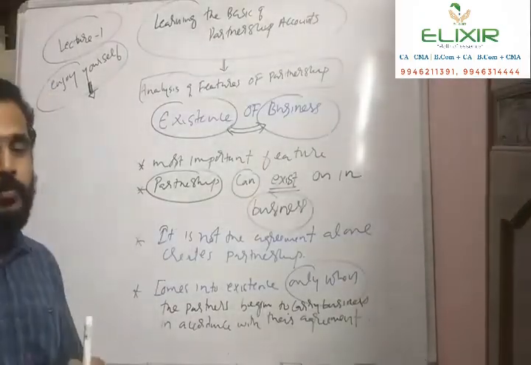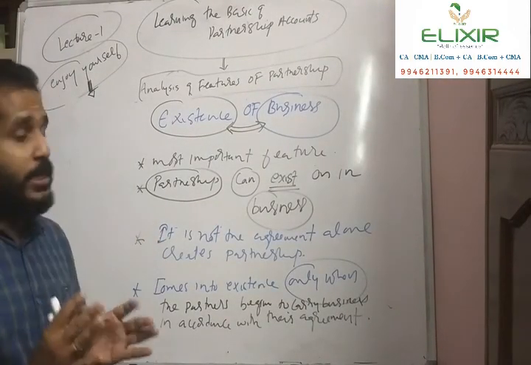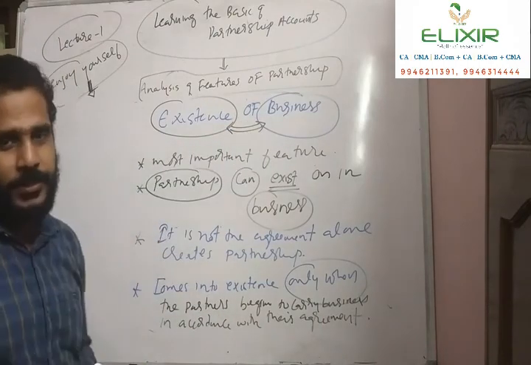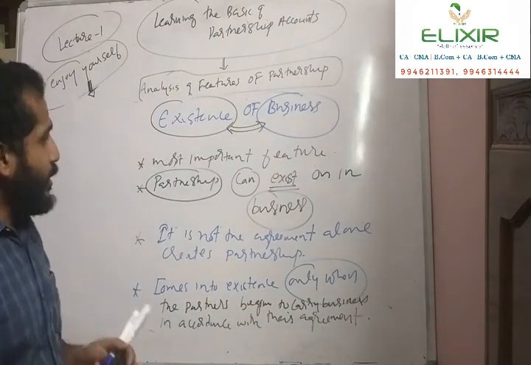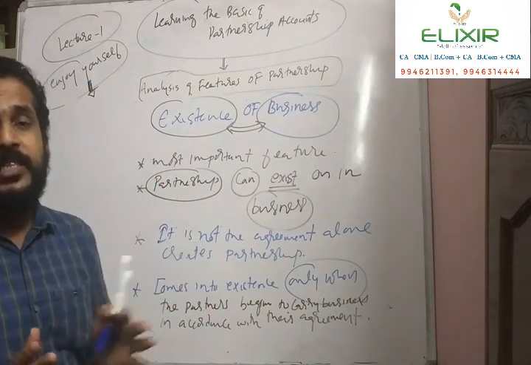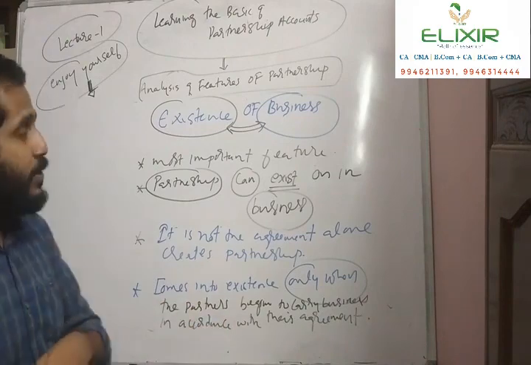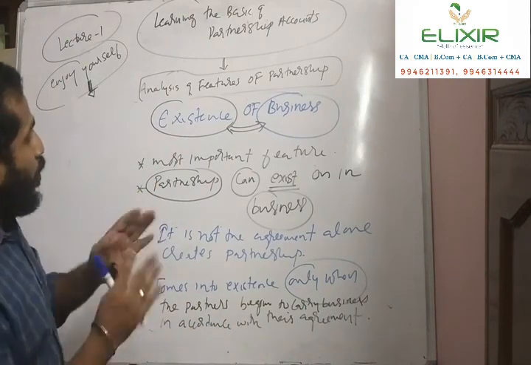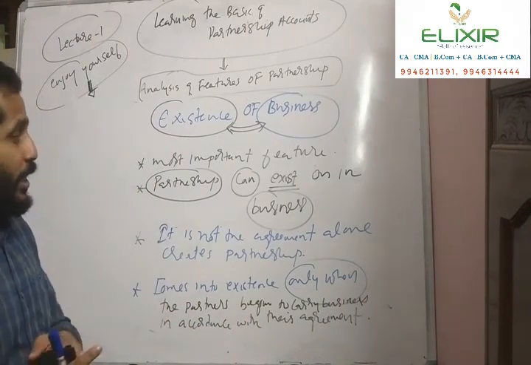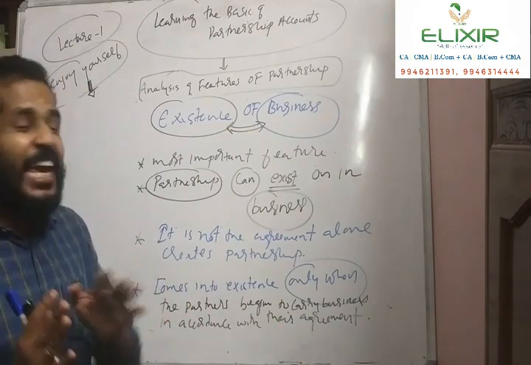The most important feature of the partnership business is the existence of the concept of business. That means there should be a content of business in the partnership agreement, or the partners should decide to carry out a business. Let us analyze the most important feature of partnership. The partnership can exist only in business.